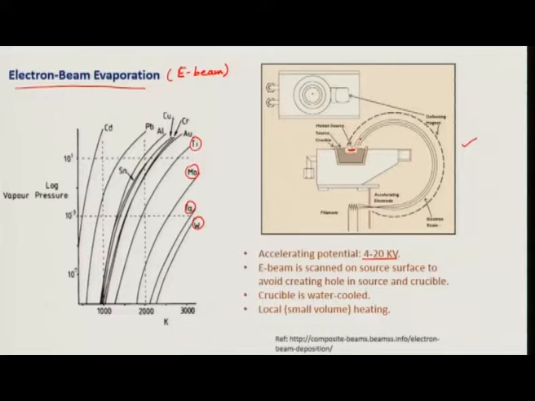From this your material is evaporated and gets deposited on your substrate, which is kept at a slight distance from the source. So this is the way electron beam evaporation works. Now, the source acts like a surface source. In this case it is non-directional, but it is only a small area surface.